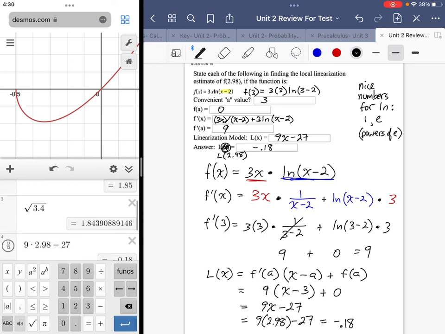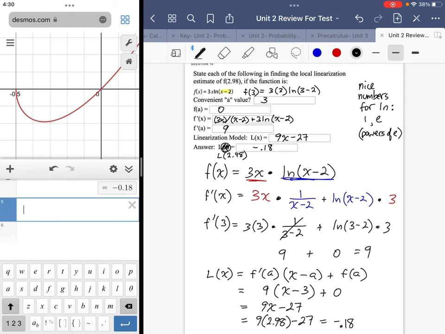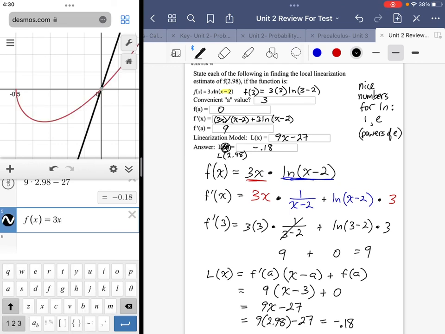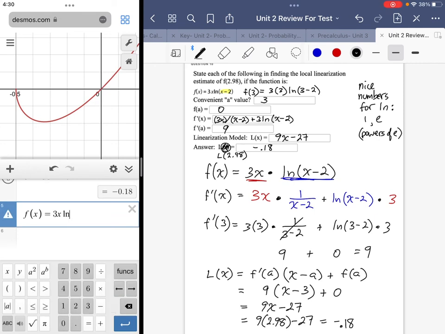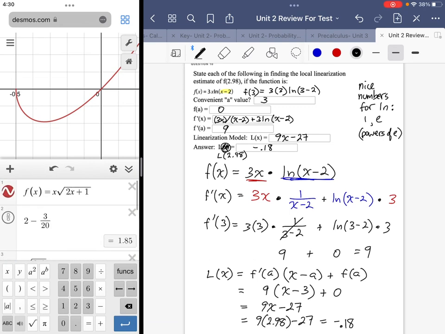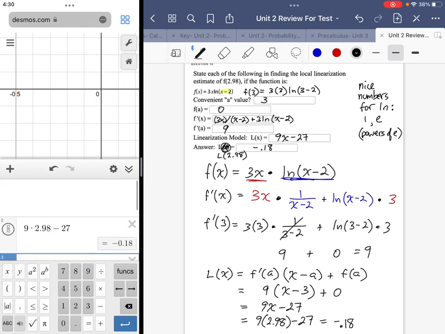All right, and if we look at our original function, f of x equals 3x times the natural log of x minus 2. All right, so that's my original function. Let me get rid of this stuff.